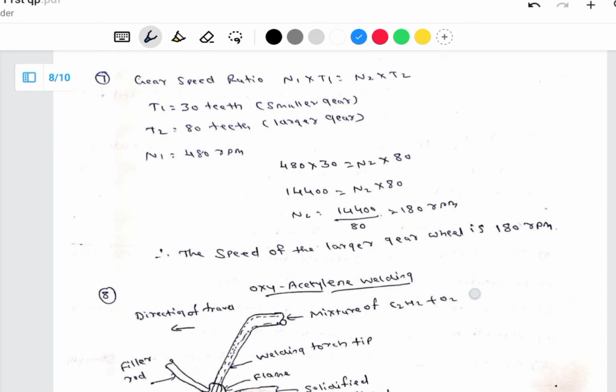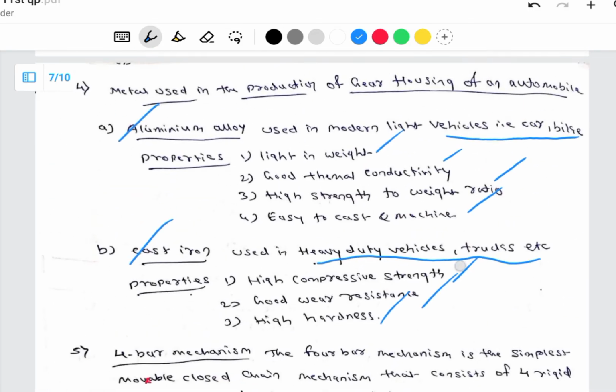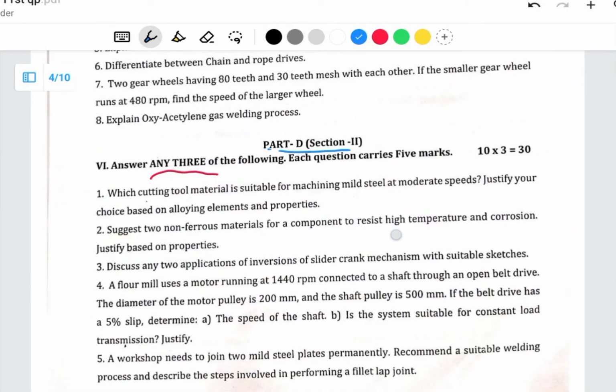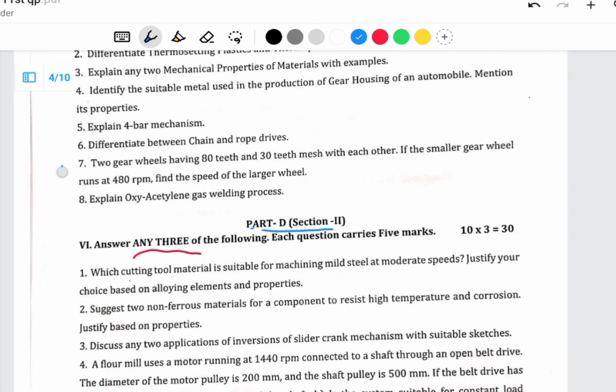The next question is the seventh question. You have to calculate: two gear wheels having 80 teeth and 30 teeth mesh with each other. Find the speed of the larger wheel. There are two wheels, one having 80 teeth and another having 30 teeth.